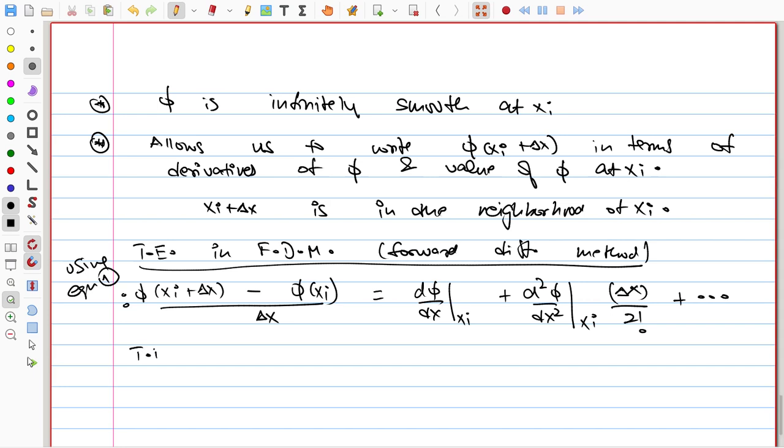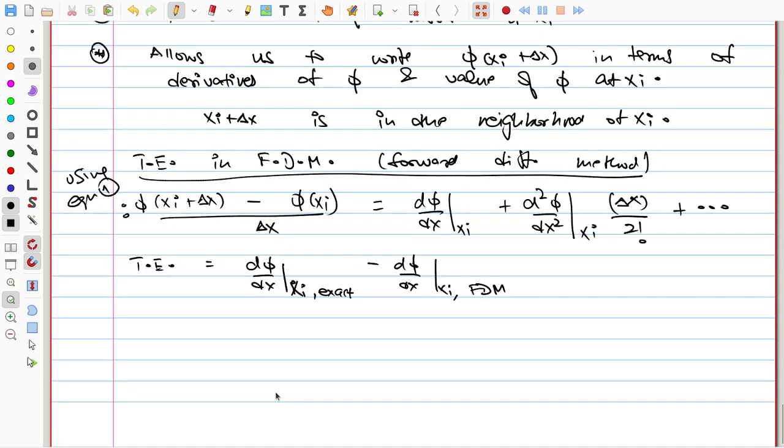So, what was truncation error? Truncation error was d phi by dx at the point xi exact minus d phi by dx at the point xi using the forward difference method. Right.